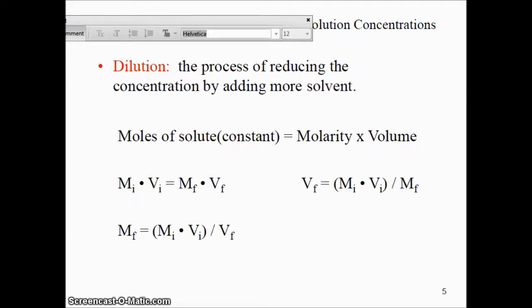Okay, going forward, realize that if you're looking at the dilution of a particular solution, essentially we are looking at simply reducing the concentration.